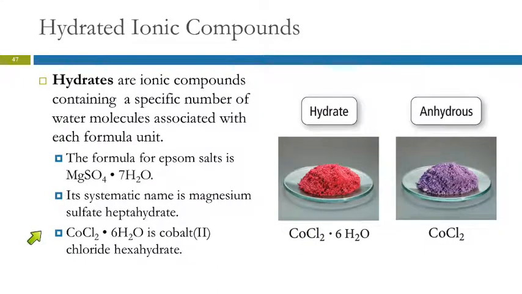So this guy, CoCl2, cobalt is one that needs a Roman numeral. And we get the Roman numeral 2 because we know that the 2 chloride ions each have a -1 charge. So cobalt(II) chloride, and then for 6 we put hexa and the word hydrate.